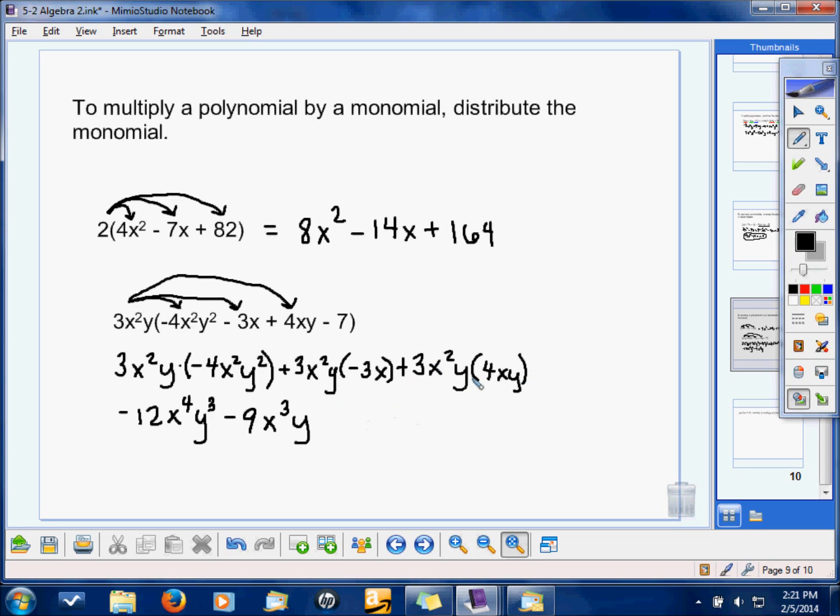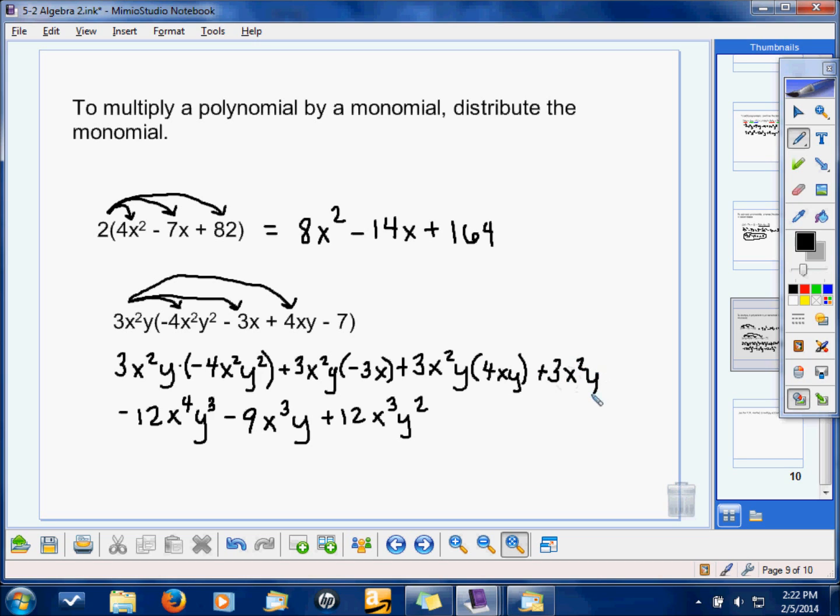Once again, 3 times 4 is 12, plus 12 x to the third, y to the second. There are 2 y's. The exponents are hiding. Okay, and then finally the last one, plus 3x squared y.